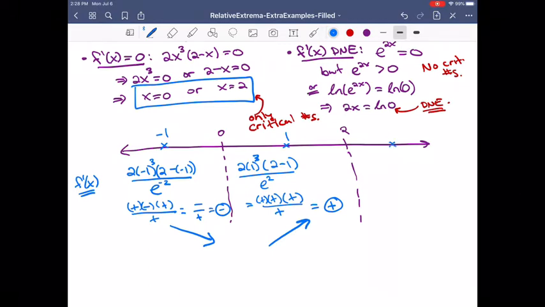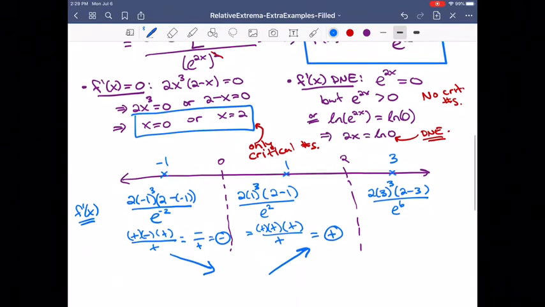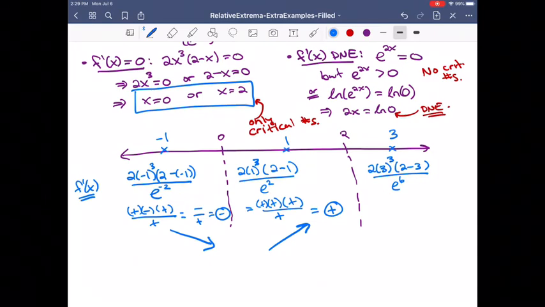If I pick something bigger than 2, let's say 3, I'm going to have 2 times 3 cubed, 2 minus 3 over e to the 6. Okay, so again, this is positive for the 2, positive for the 3 cubed, negative for 2 minus 3, and positive for e to the 6.